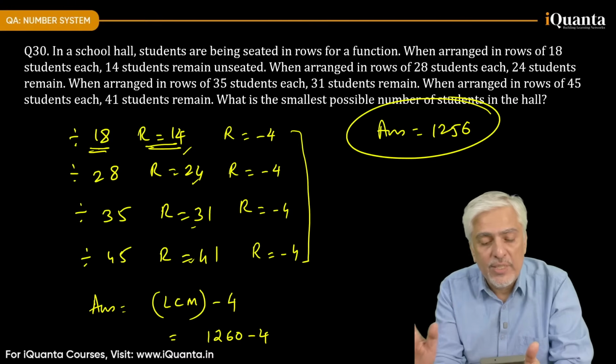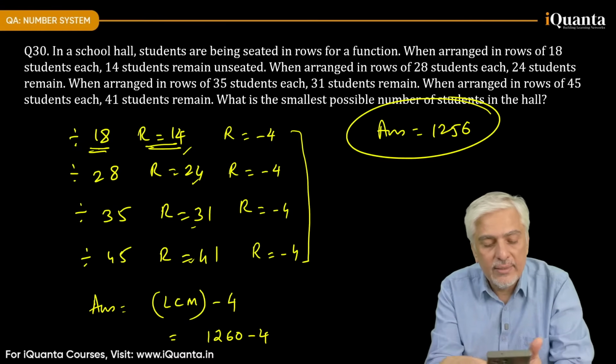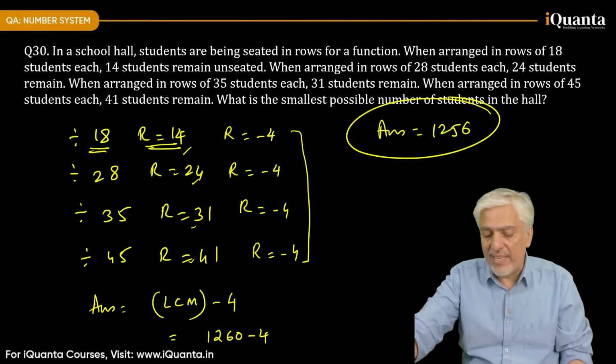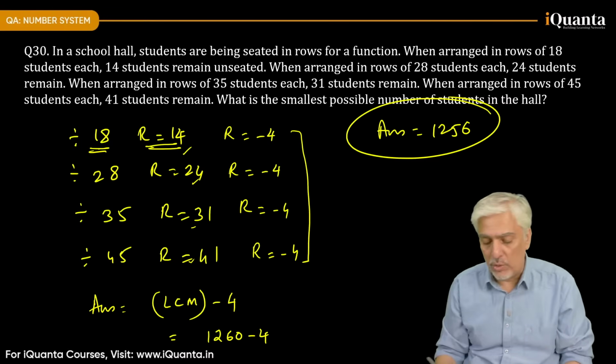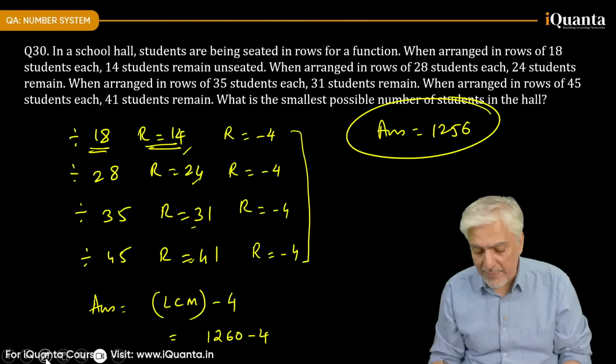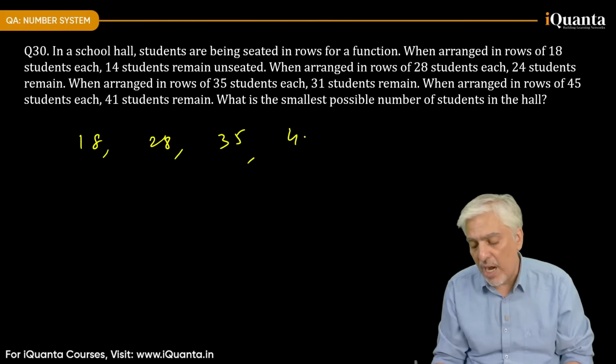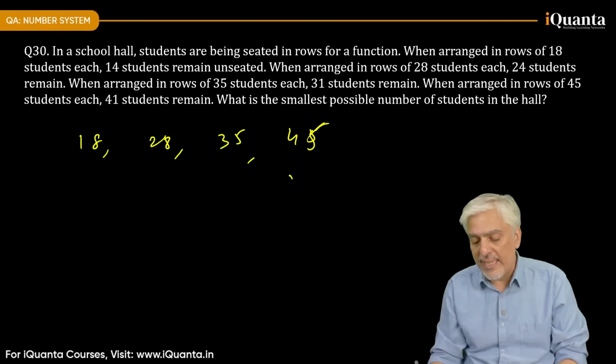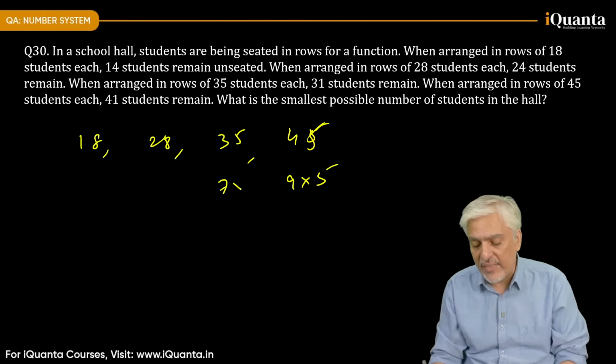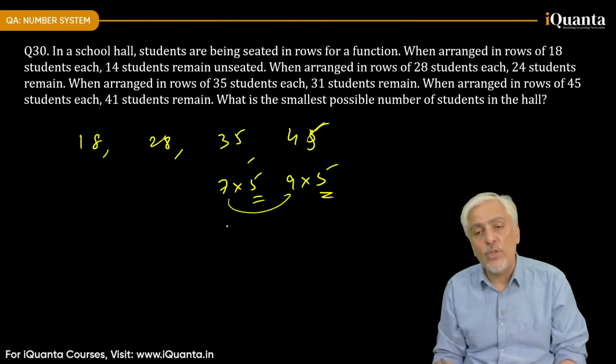3 digit वाले कोई क्वेश्चन नहीं आते. अच्छा, LCM कैसे निकालते? So how I would have done LCM this question, अगर यही क्वेश्चन ले रहा हूं तो I would do LCM 18, 28, 35, 45 ना. How would I do LCM? ये मुझे क्लियरली दिख रहा है 9 फाइजा है, ये 7 फाइजा है, तो 5 तो दोनों में है और 7 और 9 को प्राइम है.